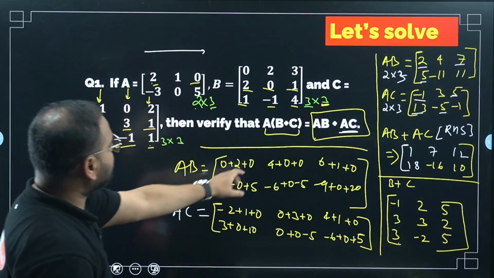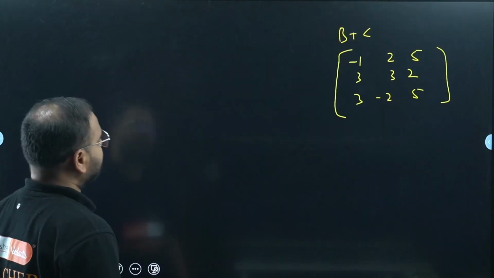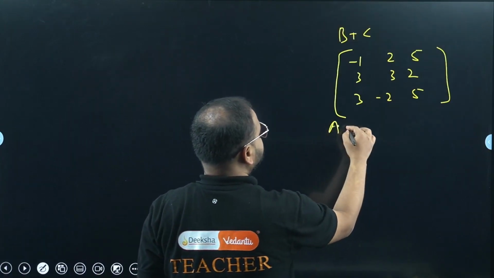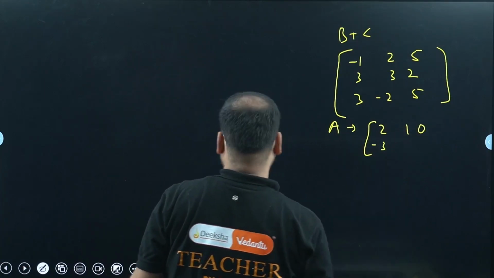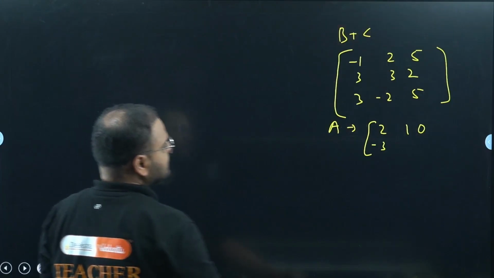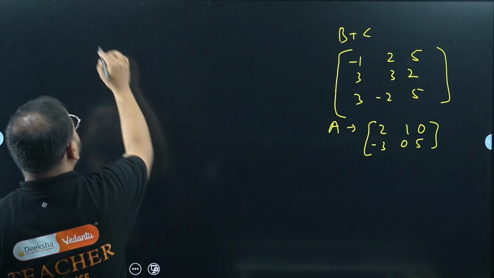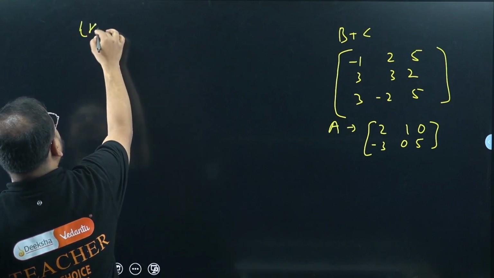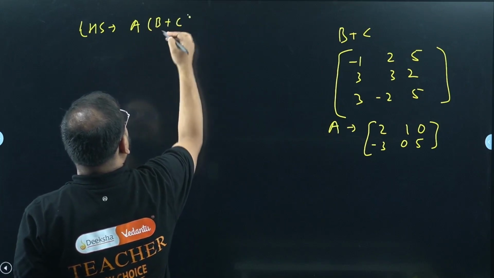We need A, because we have to multiply A with B plus C. What is A? A is 2, 1, 0, minus 3, 0, 5. What is my LHS? A times B plus C.